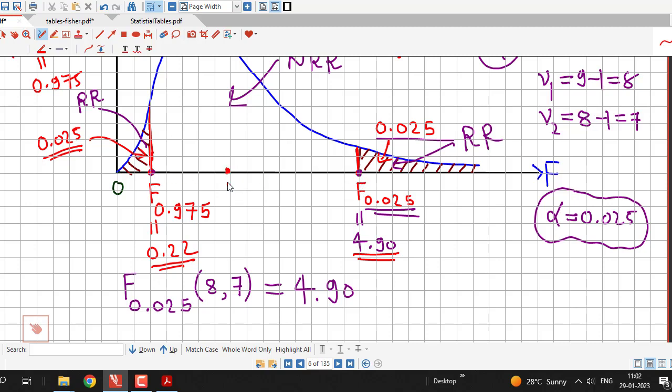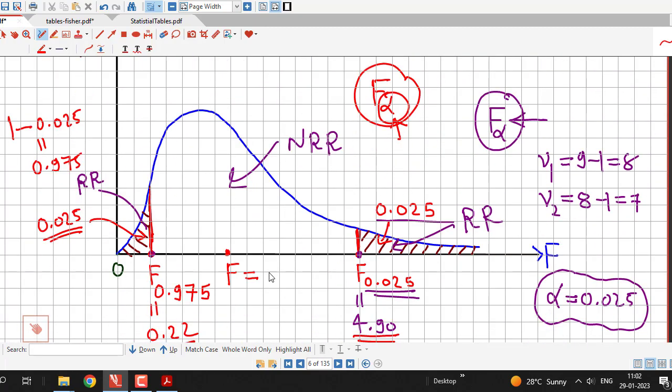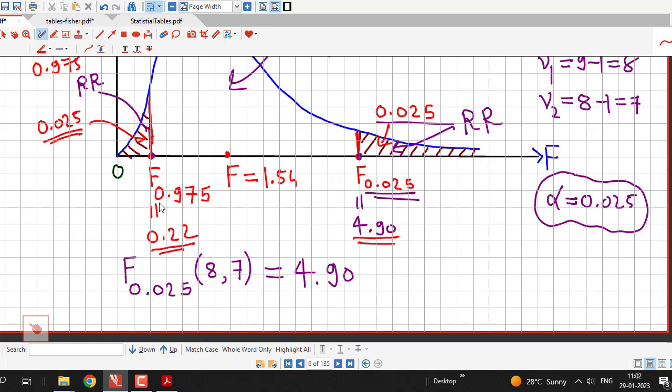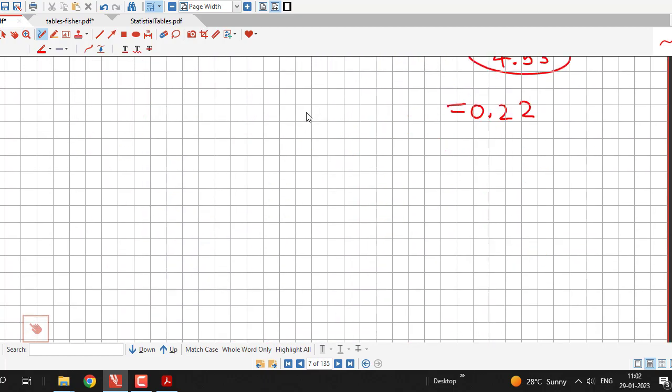So we can say that this value is always in between these two. 1.54 is less than 4.90 and it is greater than 0.22. So we are in the non-rejection region. So that means we fail to reject the null hypothesis.